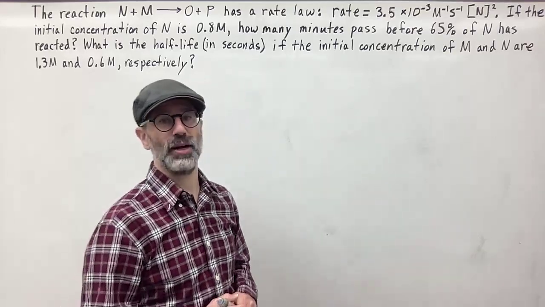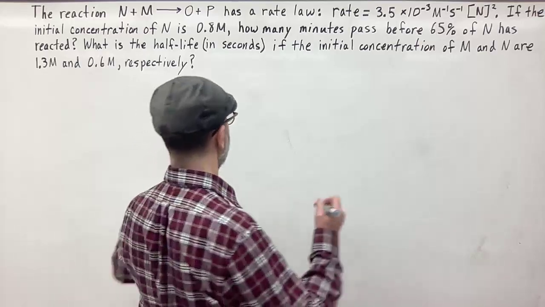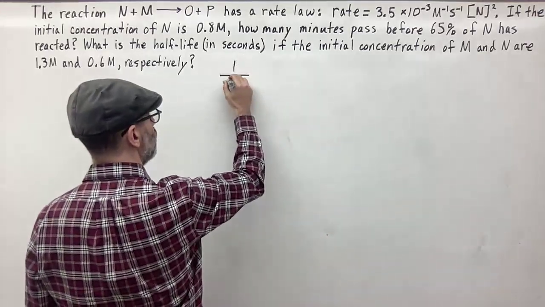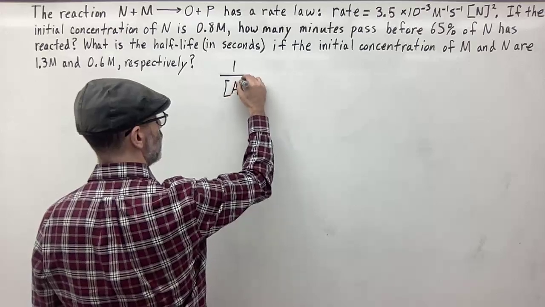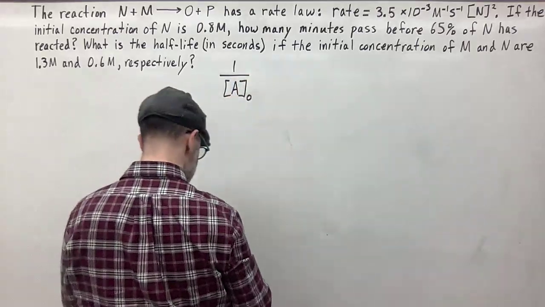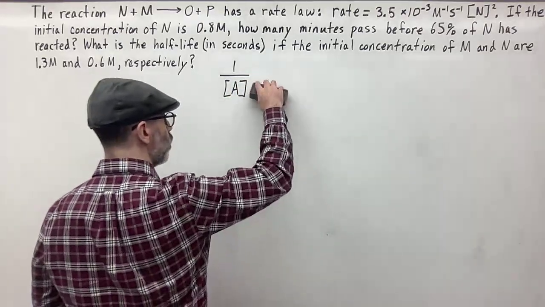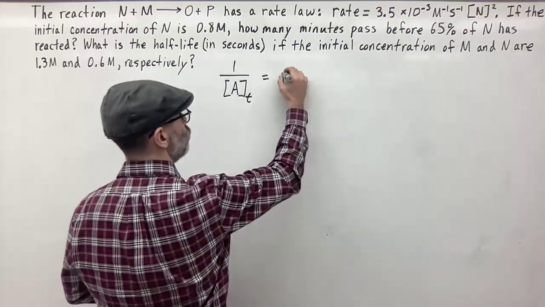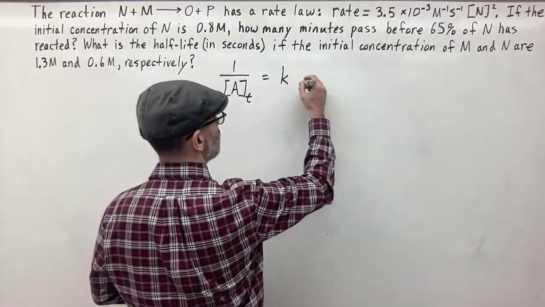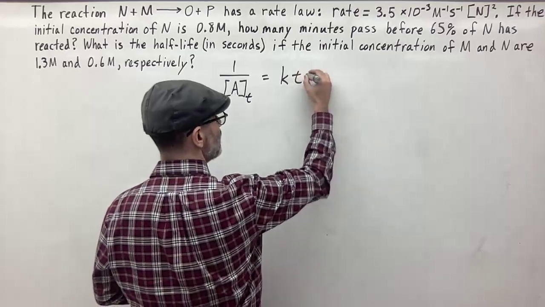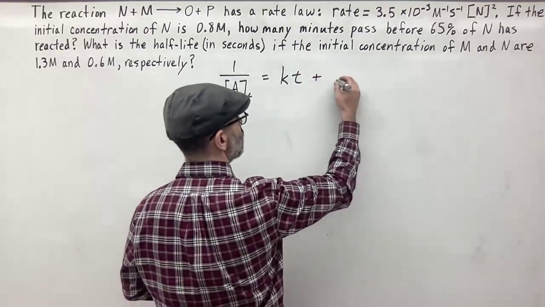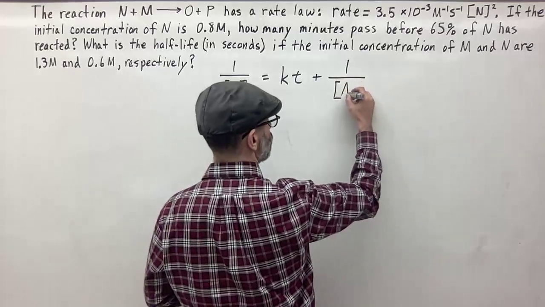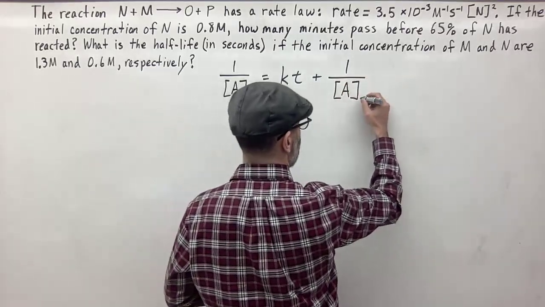So what is the integrated rate law for a second order reaction? That's going to be 1 over the concentration of some substance A over a certain amount of time, and that's going to be equal to the rate constant multiplied by time t, plus 1 over the initial concentration of this substance we are looking at.